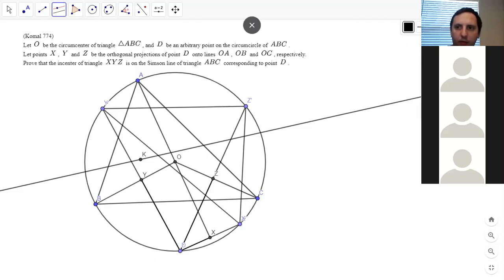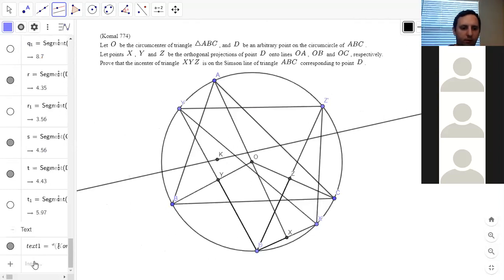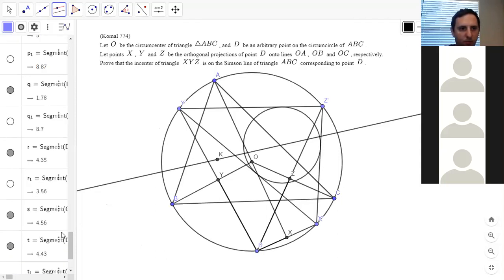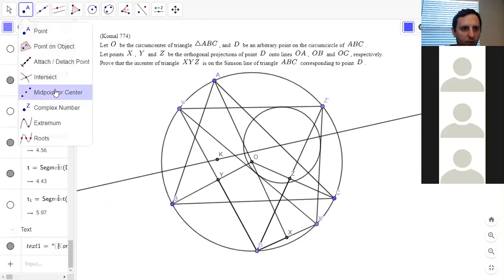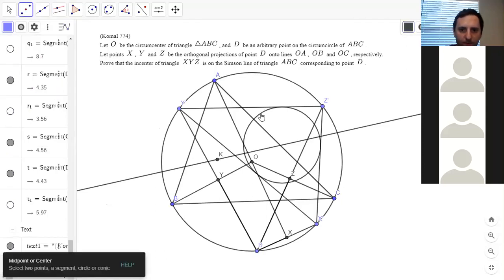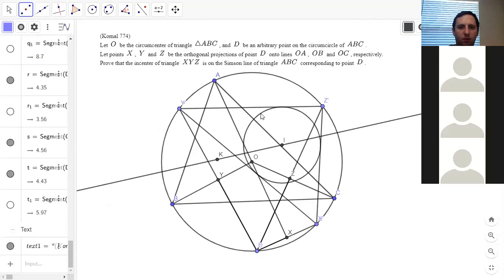And then I want to draw the incircle of X prime, Y prime, Z prime, right? I'll just use this. So yeah, I want to show that that lies on the Steiner line.